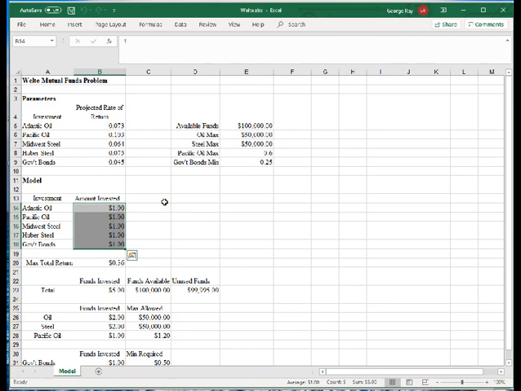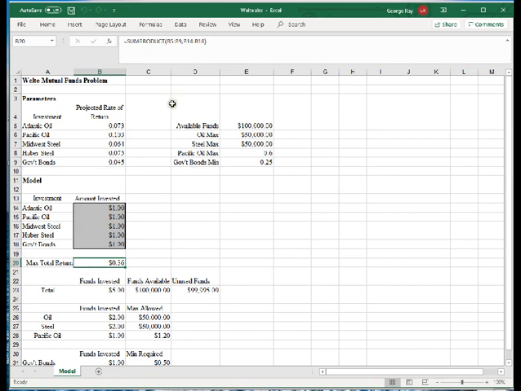So I just put a placeholder of $1 for each one of them, and at that we have a total return of 36 cents. And that, again, is just the application of 1 times 0.073 plus 1 times 0.103 and so on. So this is our maximum total return.